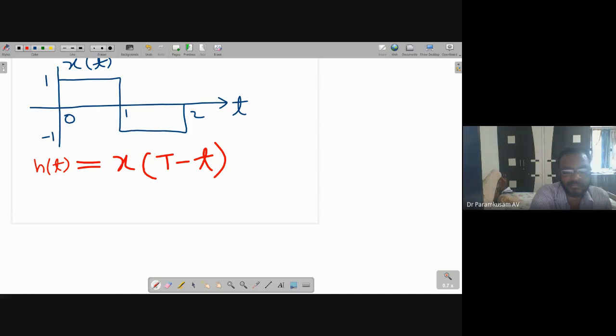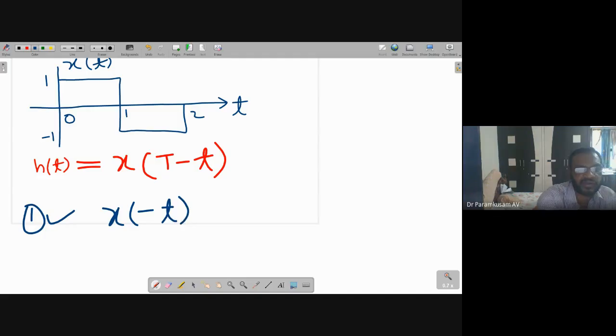Then how do you obtain x of capital T minus t? What is the first step? First you find x of minus t.